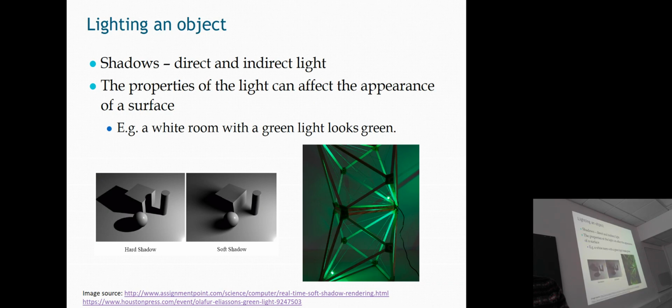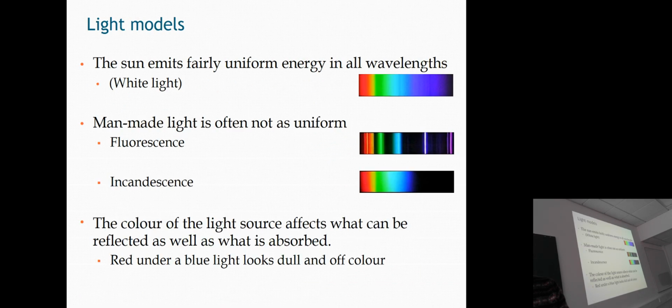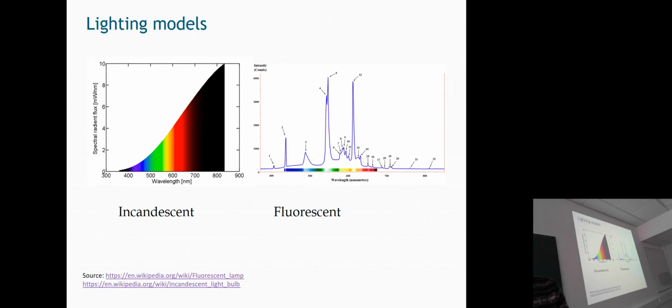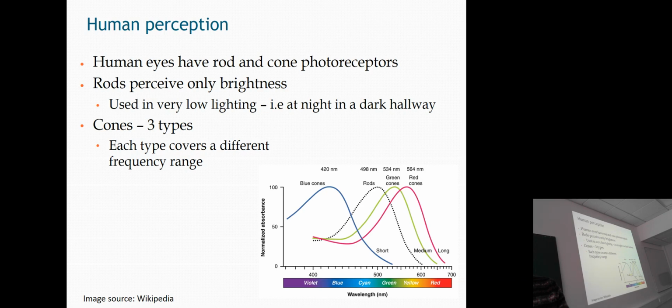And then we went through different illuminants like fluorescence, incandescence, different spectral power distributions of them, and human perception with 3 color-sensitive cones, conditionally blue, green and red, or short, medium and long wavelengths, and also rods. Does anyone remember what rods are used for in our eyes?